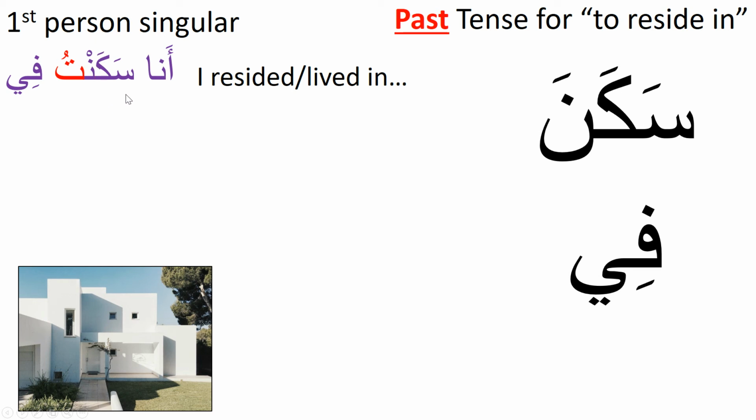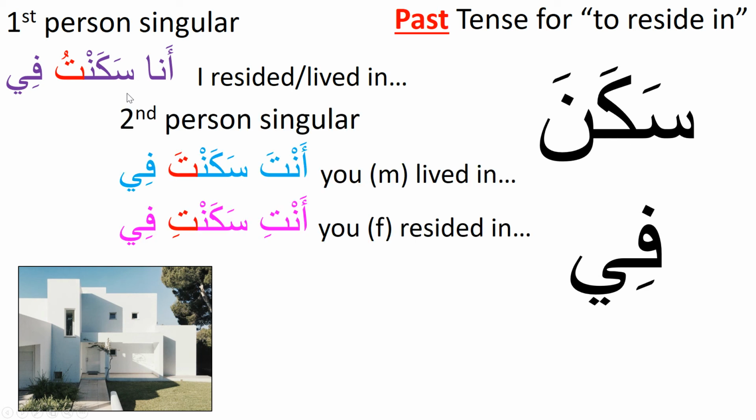Instead of ana askun with a dhamma, it's ana sakantu. And there's our tu suffix to indicate I did something, right? Ana sakantu, I resided, I lived somewhere. Ana sakantu fi Medina, New York.